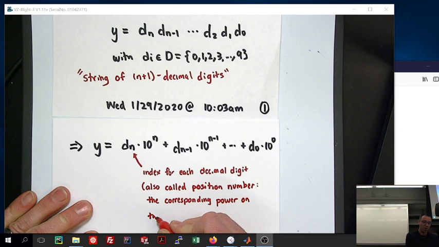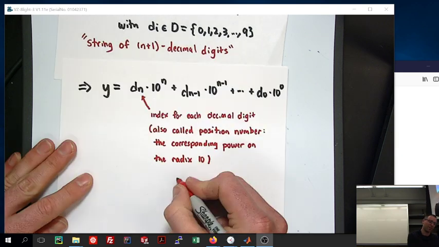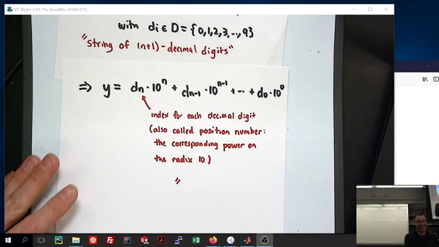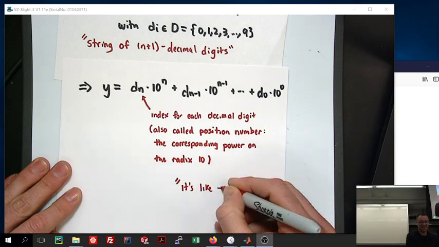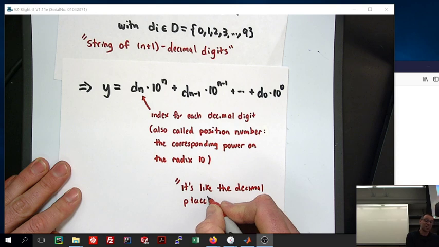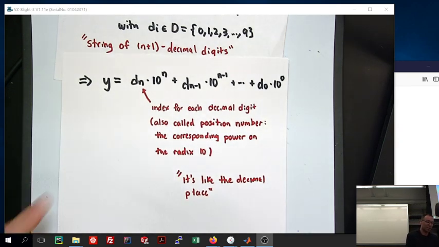And I want to quote a pretty damn good line: it's like the decimal place. That's a good line. Because it is. It's just that the decimal place encapsulates that idea while making the person that says it seem a little bit more fancy, right? Okay.